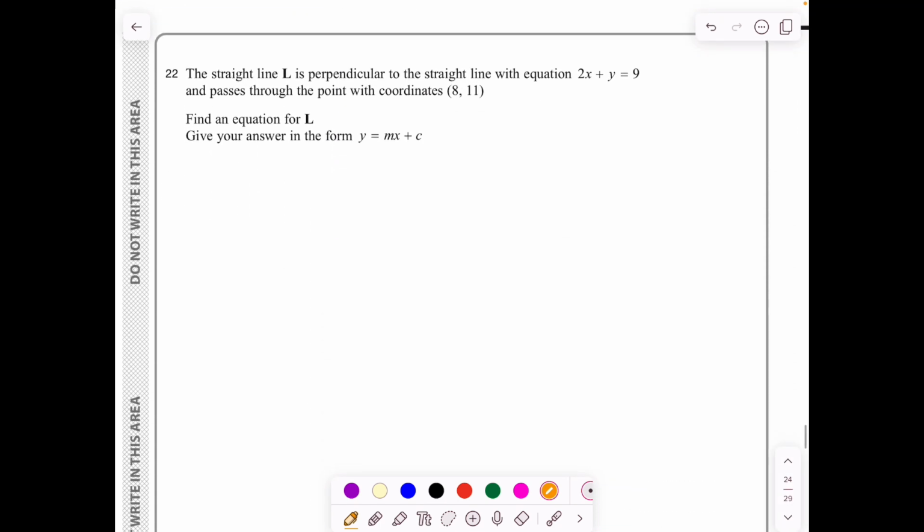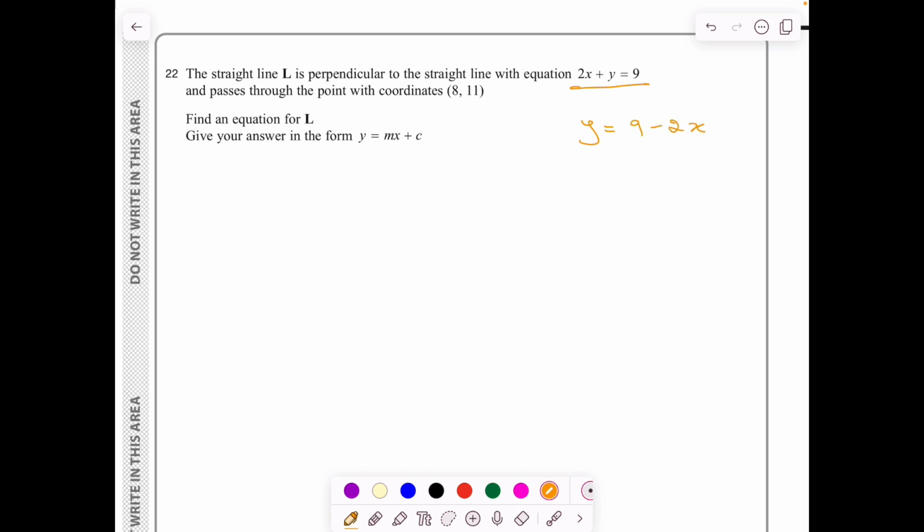Right, number 22, out of all the perpendicular questions they could ask us, this one was quite nice, to be honest. So we know that L is perpendicular to this equation here. So let's find the gradient of this line. I rearrange it so that it becomes y equals 9 minus 2x.